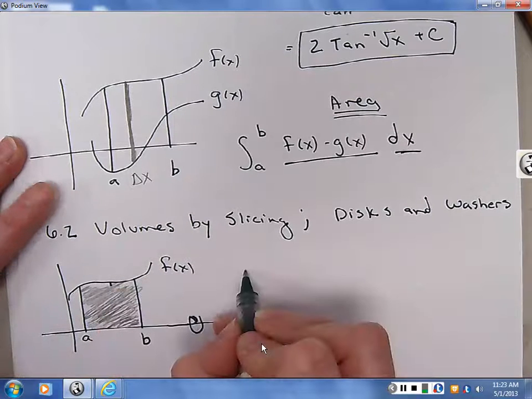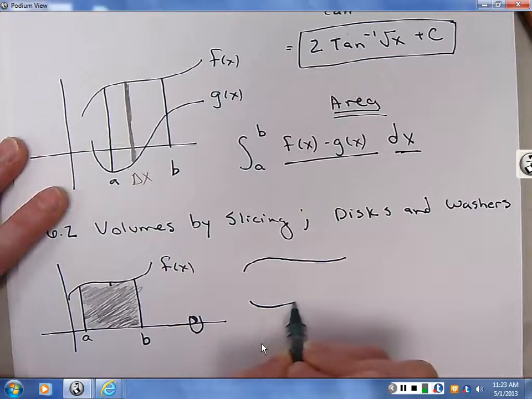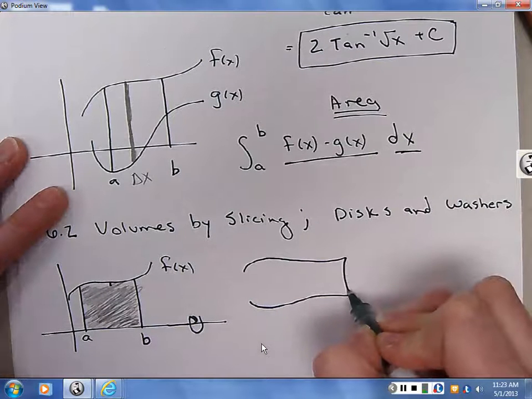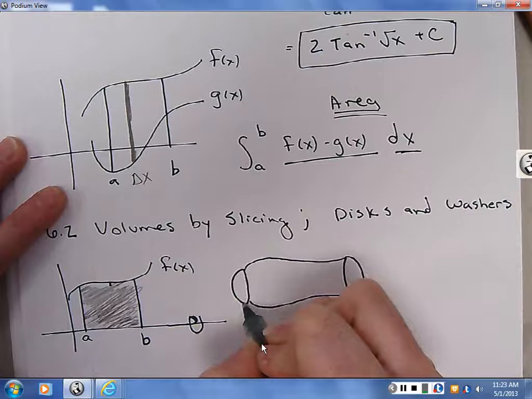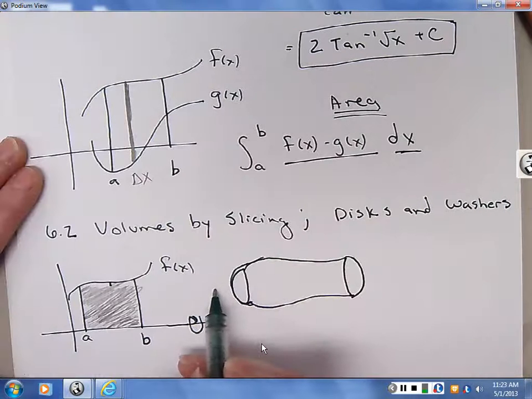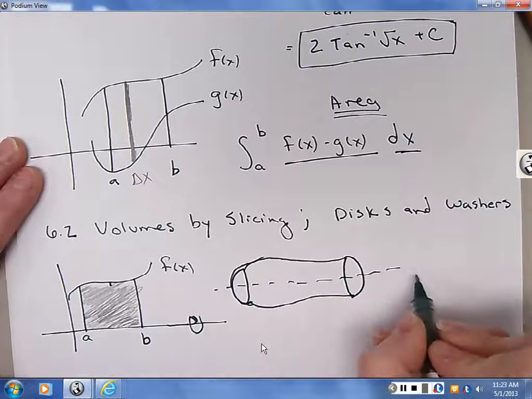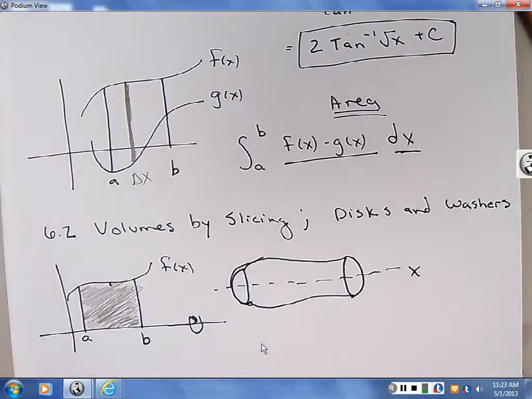Let's see if I can draw this shape here. I'm going to have some kind of cylinder. Sometimes these come out pretty bad, so sorry. So this is my axis of rotation. So this is x.